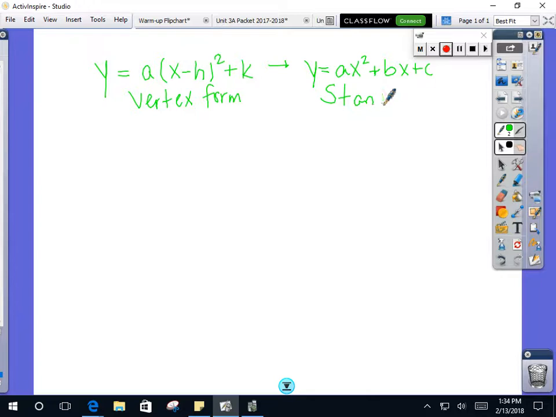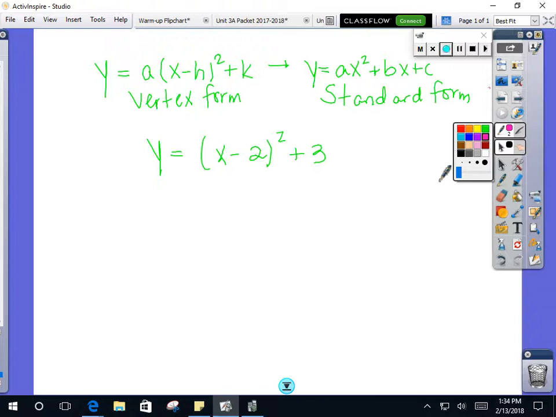Remember last week how they gave us equations that were already in vertex form, like something like y equals (x minus 2) squared plus 3, and you learned how to rewrite this into standard? Okay, let's practice that. What would I do first?